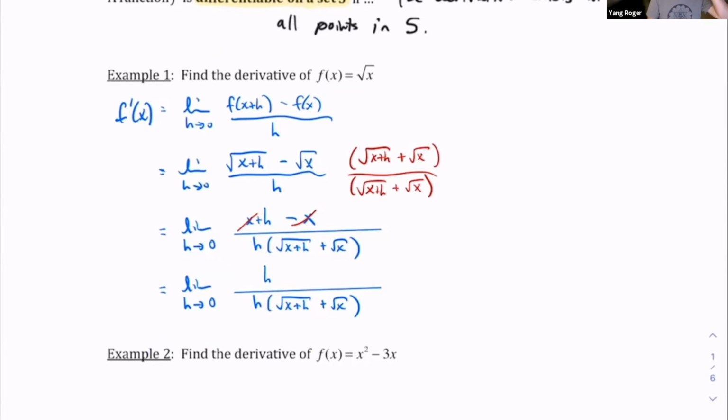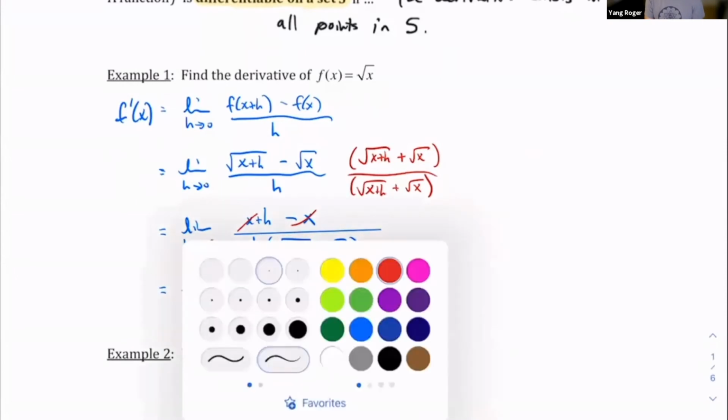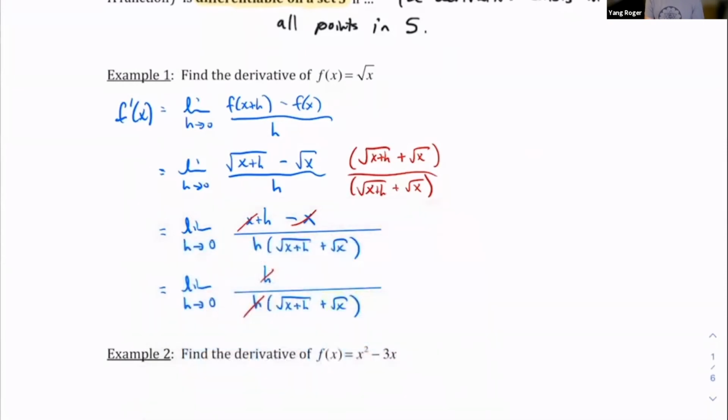After we cancel out the x's, we get this from the numerator. Then we can see that the h in the numerator and the h in the denominator are going to cancel out. So that means you're just going to have a 1 on top here.